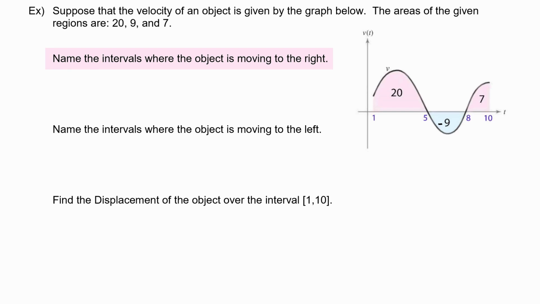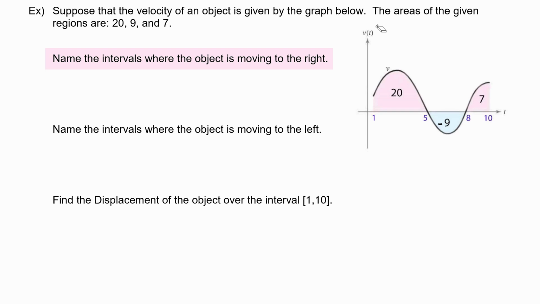First, we have to name the intervals where the object is moving to the right. Now remember that this is a graph of the velocity function. So if velocity is positive, then the object is moving to the right, and if velocity is negative, then the object is moving to the left.